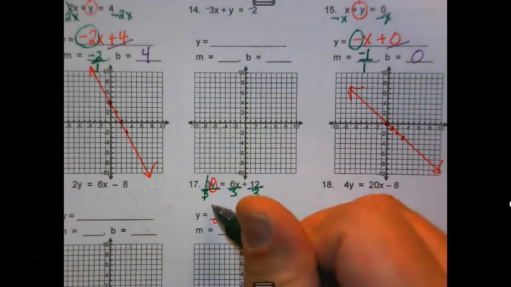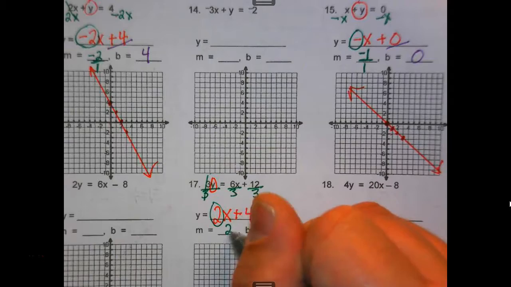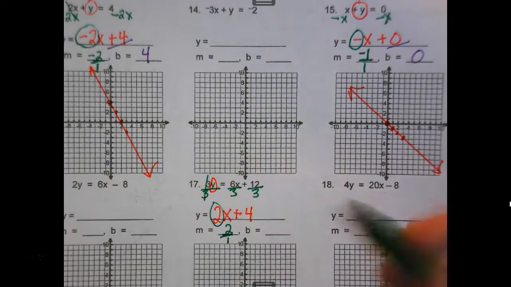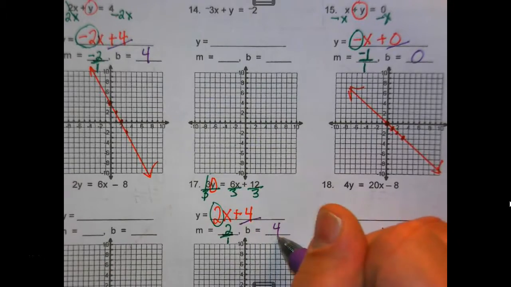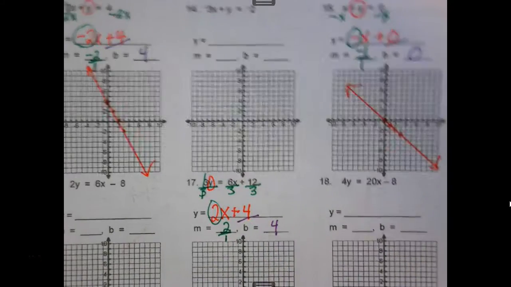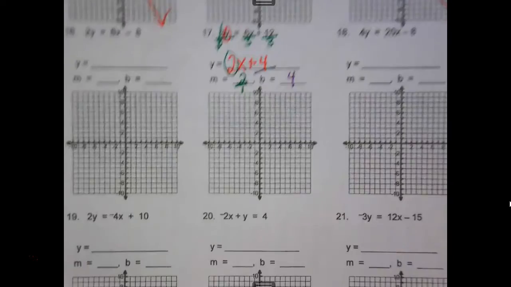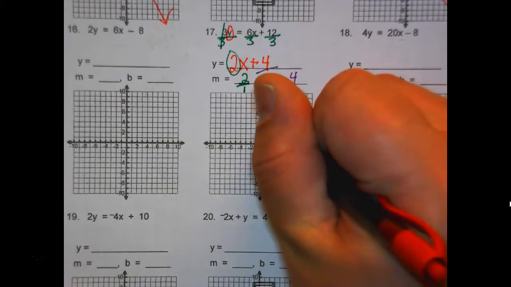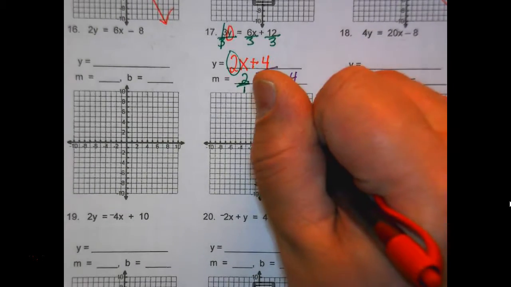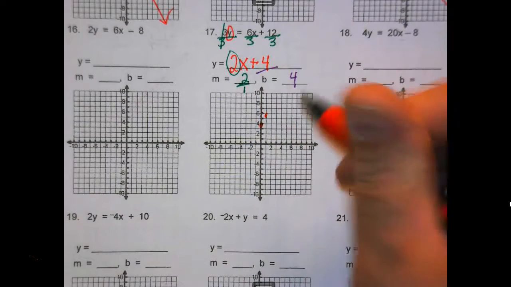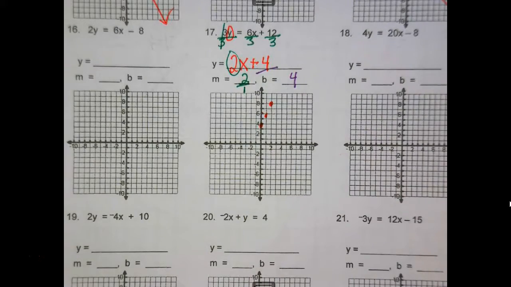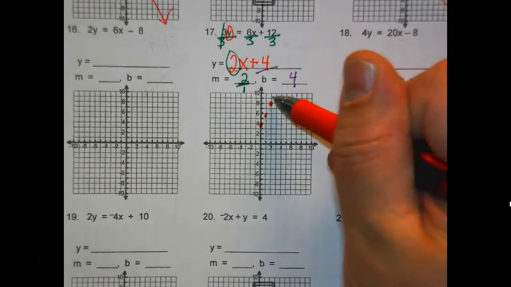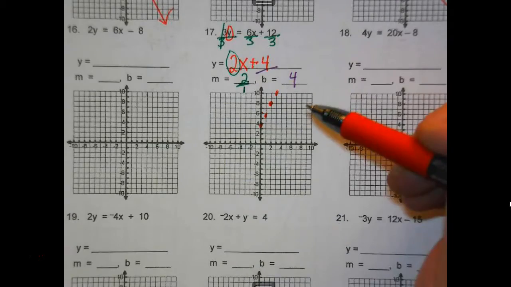My slope, coefficient of x, is 2 over 1. Y-intercept is 4. So start at 4. Up 2 over 1.